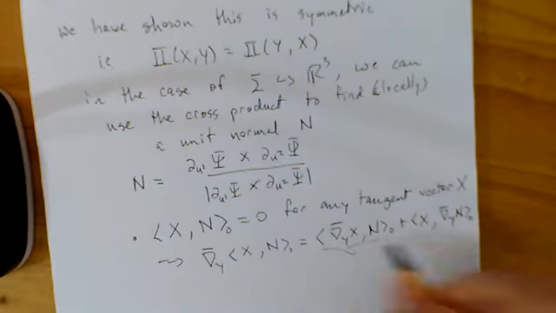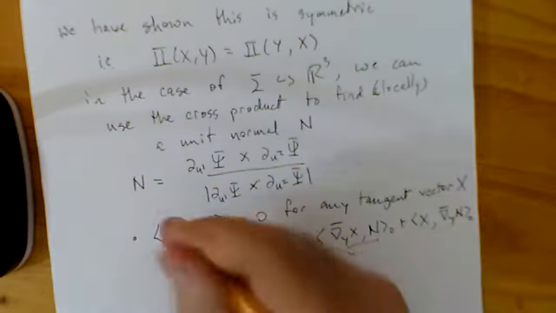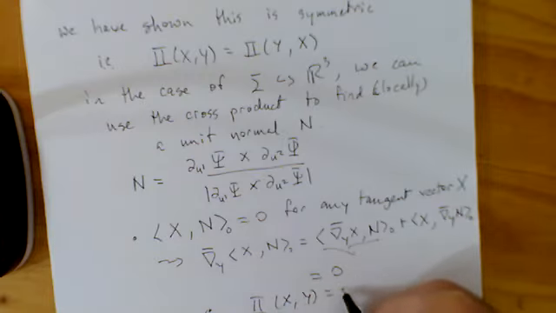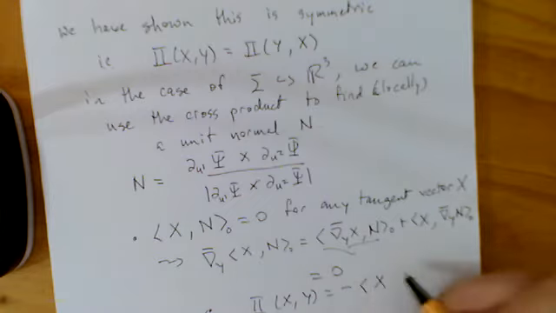This first term, remember, was our second fundamental form, and this whole thing had to sum to 0. So another way to write my second fundamental form is that it's minus the inner product of x with the derivative of the normal map in the y direction.